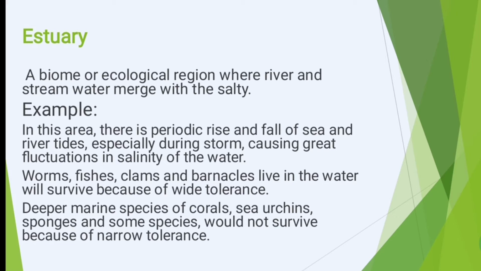Worms, fishes, clams, and barnacles that live in the water will survive because of their wide tolerance. Deeper marine species of corals, sea urchins, sponges, and some other species would not survive because of narrow tolerance to salinity.